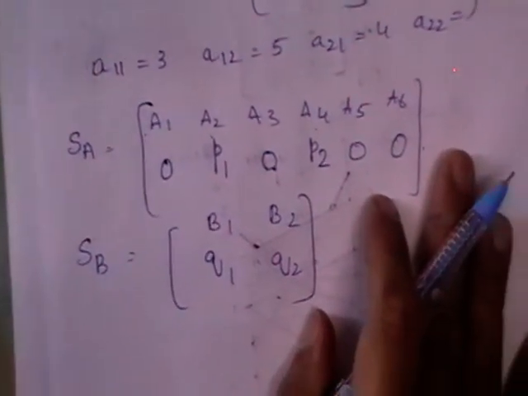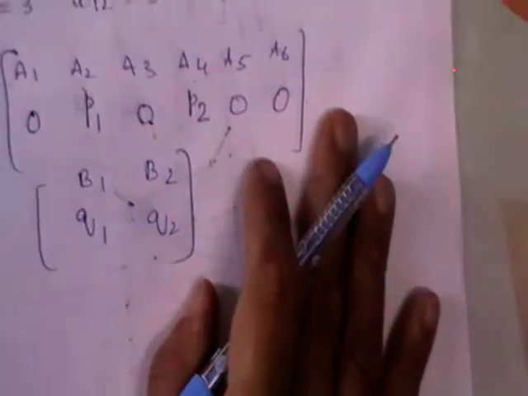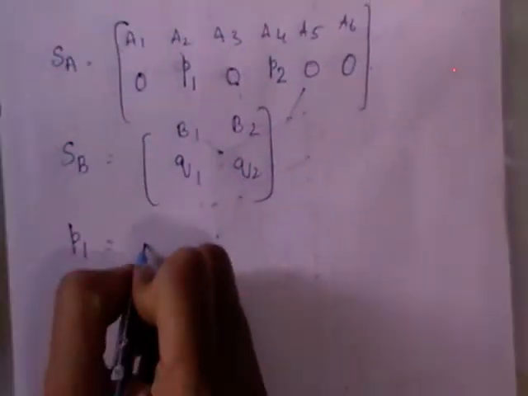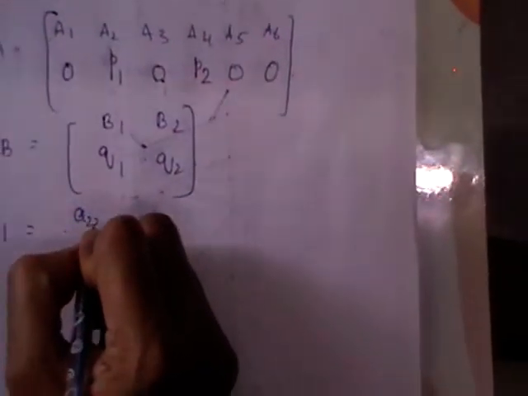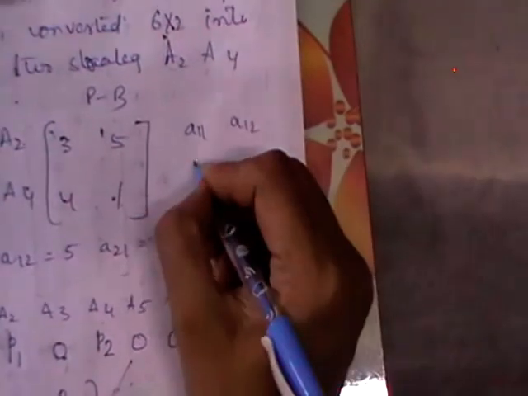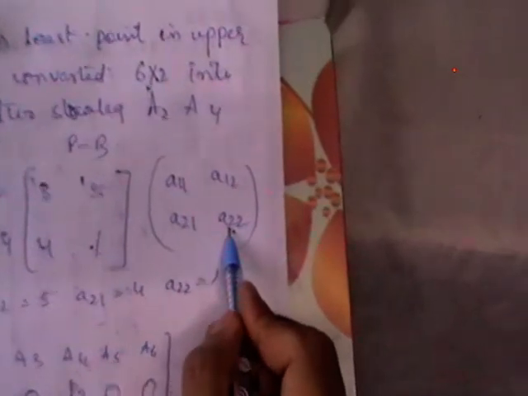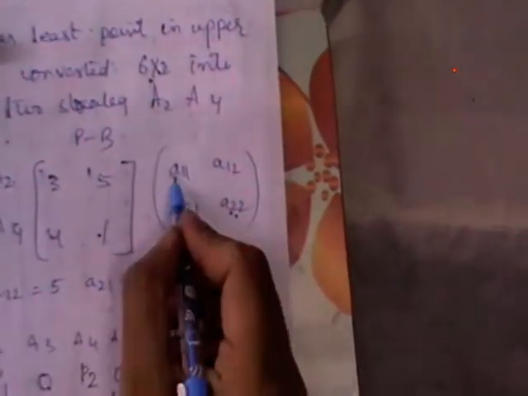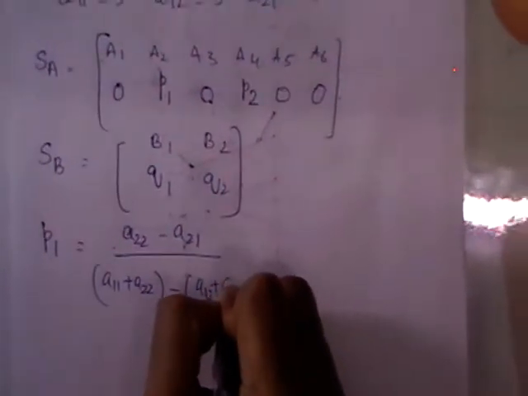Now, what are the formulas for P1, P2 in mixed strategies? How do you write P1? P1 is A22 minus A21, divided by the sum of the diagonal elements, A11 plus A22, minus the other diagonal, A12 plus A21.